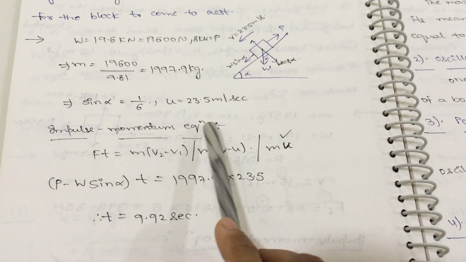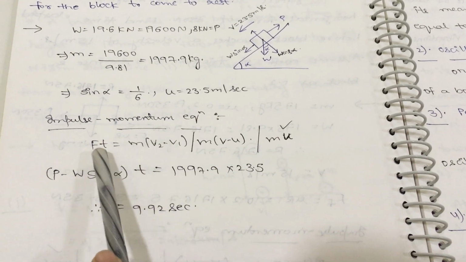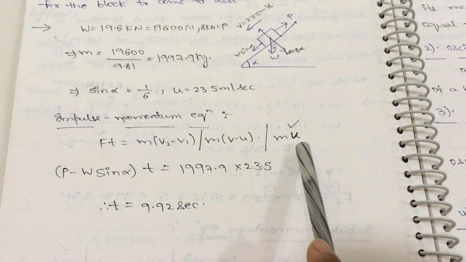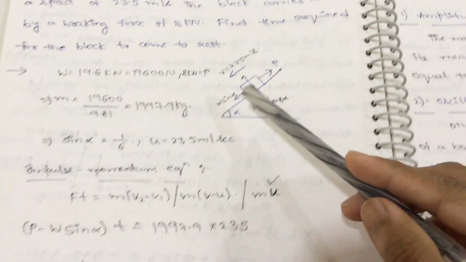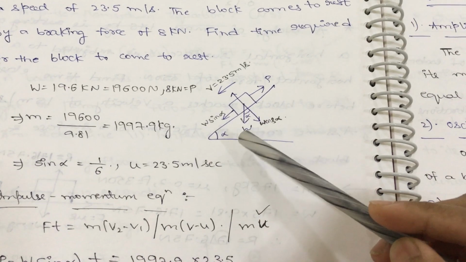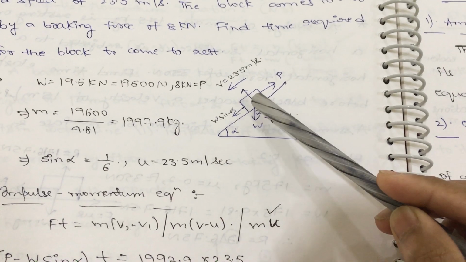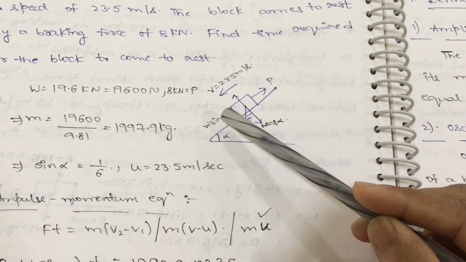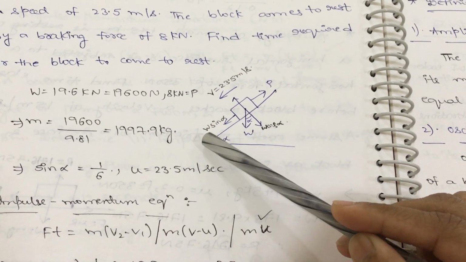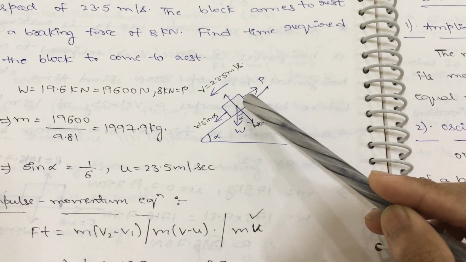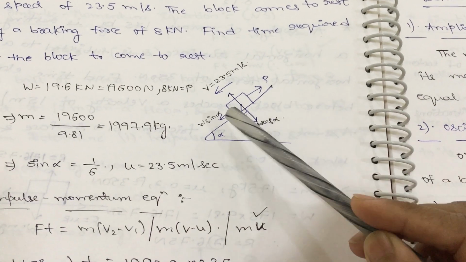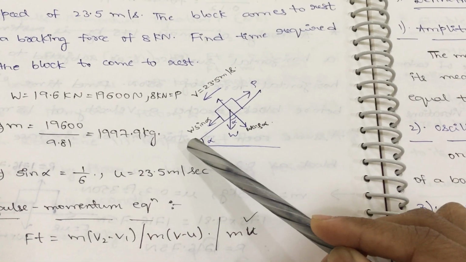According to the impulse momentum equation, we can use the formula Ft is equal to m into u, and in place of F you will get two force values. According to the resolution of the weight, you will get W sin alpha, which is directed towards the negative x direction. One force is moving in the upward direction and one more force is moving in the downward direction.